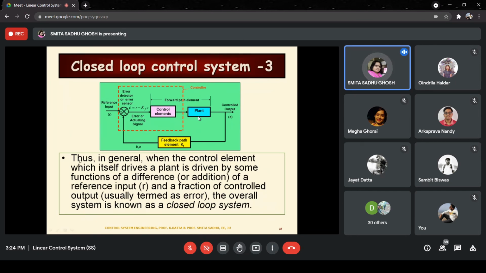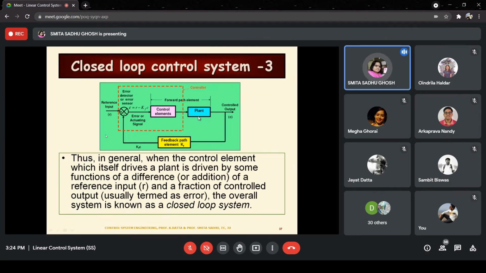Okay, coming to the next slide. Thus, in general, when the control element which itself drives the plant is driven by some functions of a difference of the reference input and a fraction of the controlled output, the overall system is called a closed loop control system.